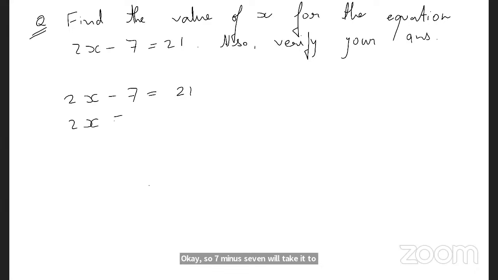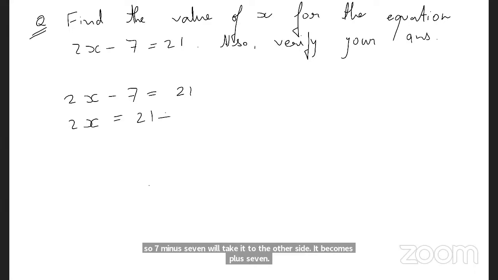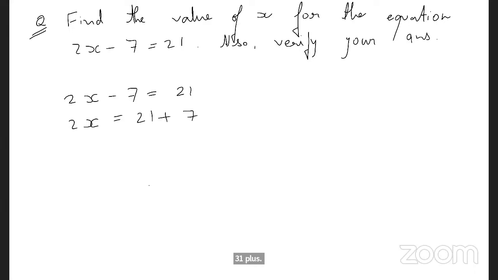It becomes plus 7. 21 plus 7, we'll add. We'll get 28. Then divide 28 by 2.